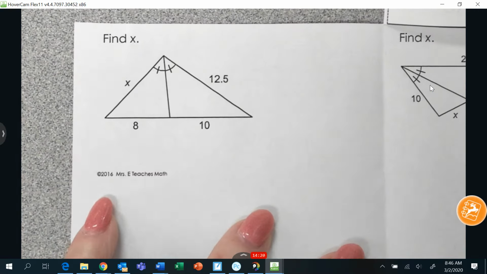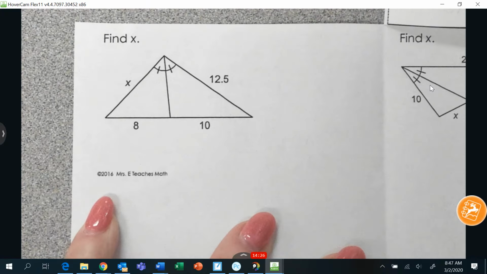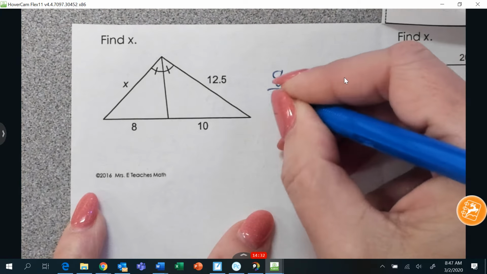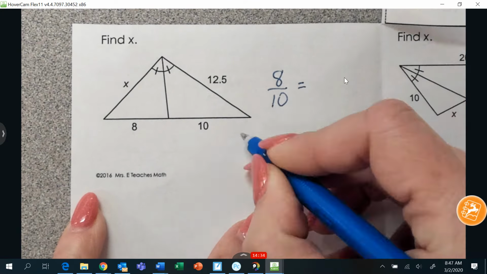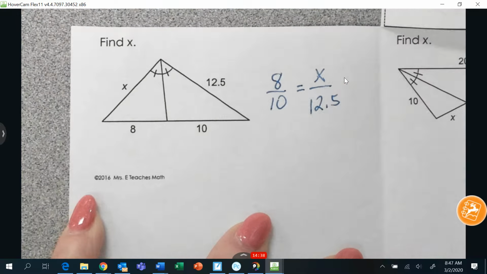All right, so find x. Avneet, help me set it up. Okay, 8 over 10 is equal to x over 12.5. Excellent. And then we're going to cross multiply that.